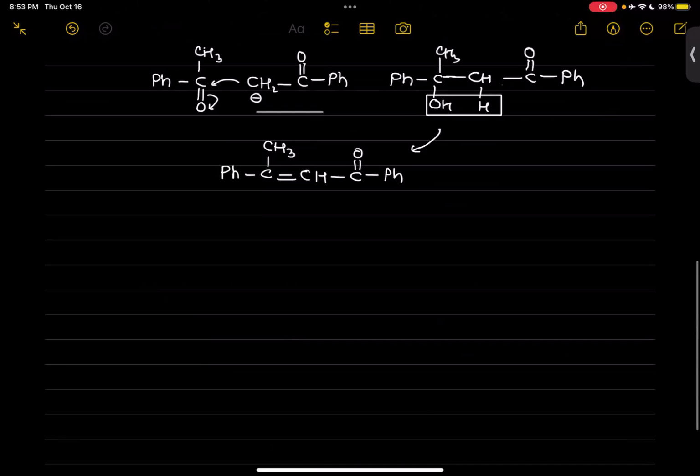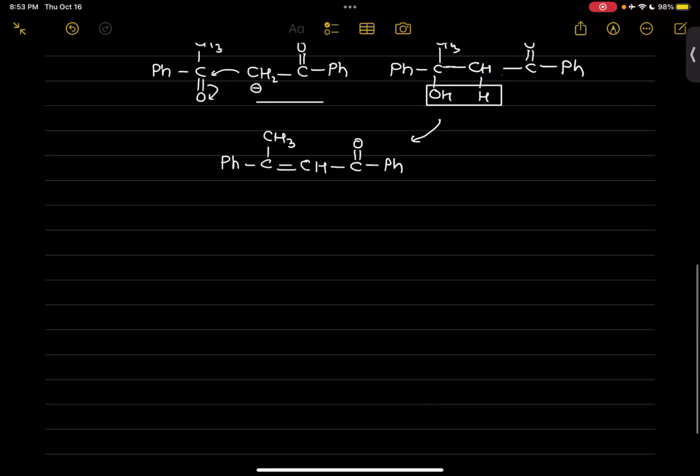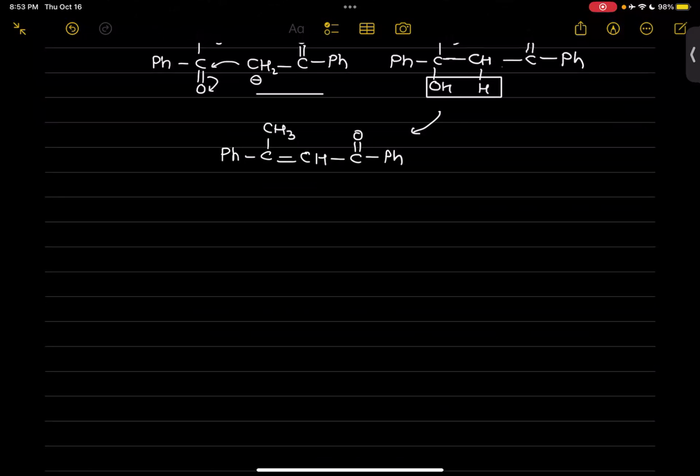The base will remove. This is also a question. Okay, that came in NEET. Okay, so we can do that question also along with it.